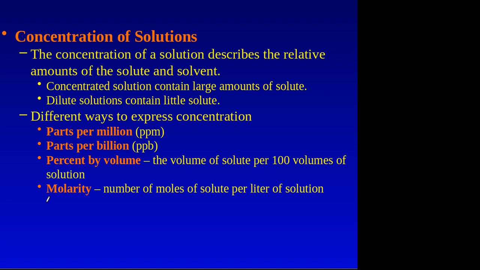But when we're talking about environmental contamination, parts per million and parts per billion tend to be a really good comparison, especially for air and gases. Molarity tends to drive chemistry, and percent by volume, I think, is the general term that kind of sits in the middle that gets used a lot. But the same idea is that we're looking at some way of measuring the amount of solute per solvent.